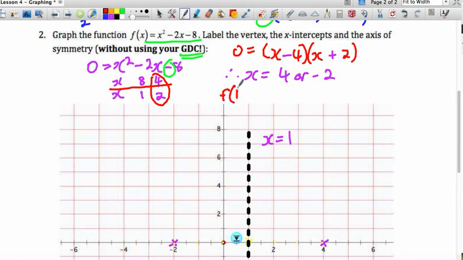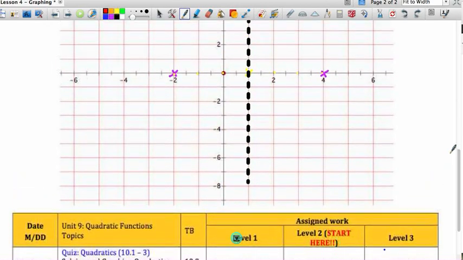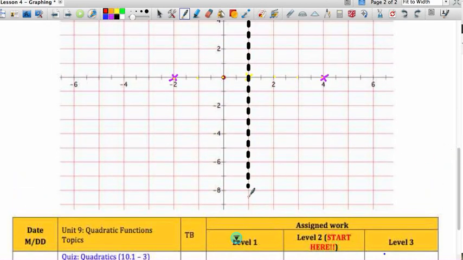And so we're going to find f of 1, subbing in the value x equals 1 in the place of x in order to find y. And this will give us 1 minus 2 minus 8, which is going to give us minus 9. And hopefully we've got space for that on our graph, only just. And so we have the coordinates 1, minus 9 as our turning point.